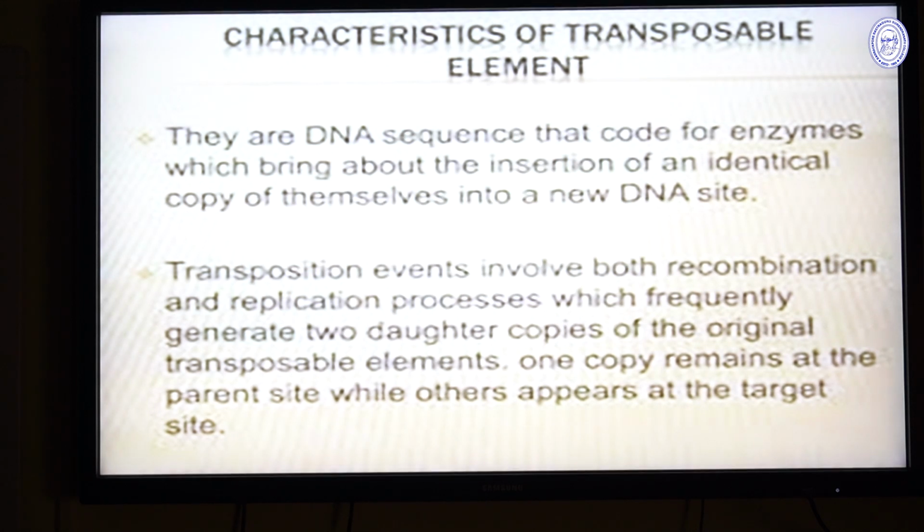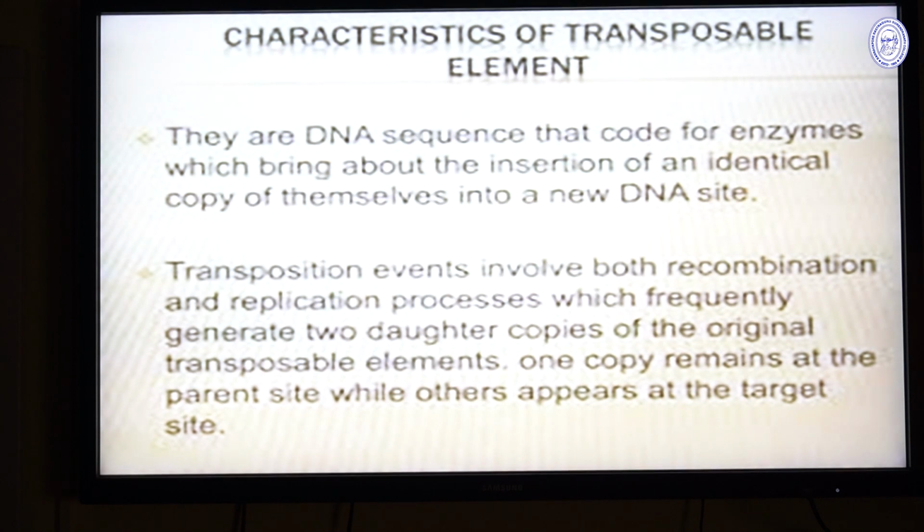Now, let's come to the characteristics of transposable elements. There are various characteristics, and as we study, we will go deeper into this chapter. These transposons are DNA sequences that code for enzymes which bring about the insertion of an identical copy of themselves into a new DNA site or a foreign DNA.